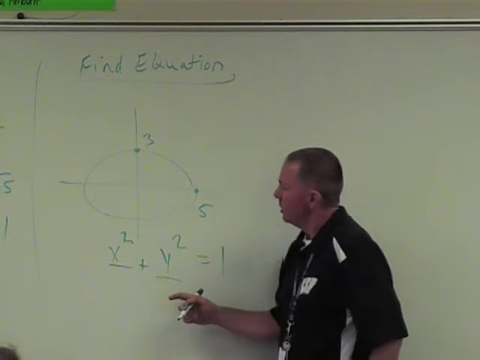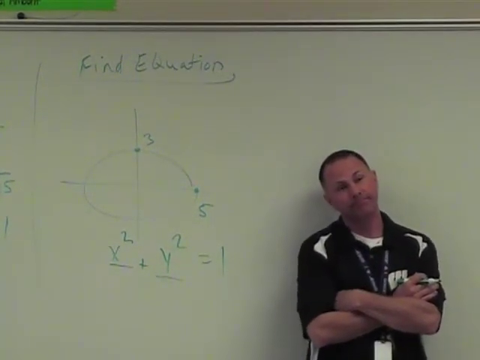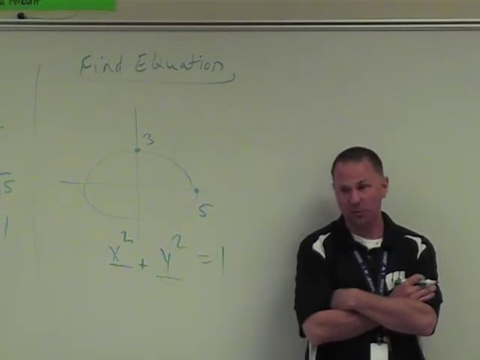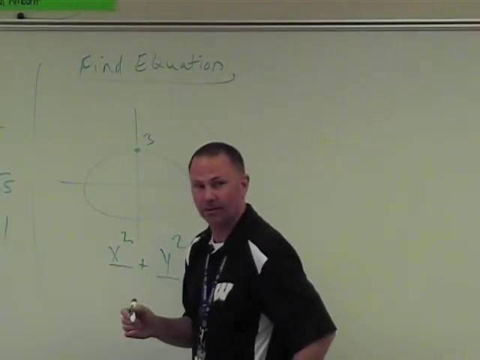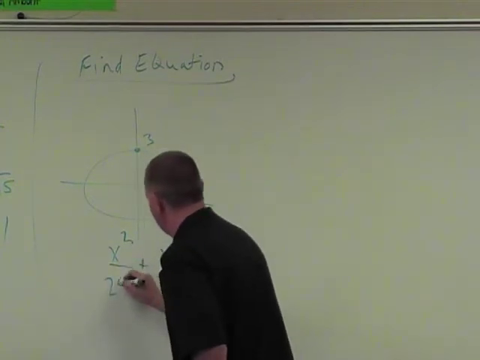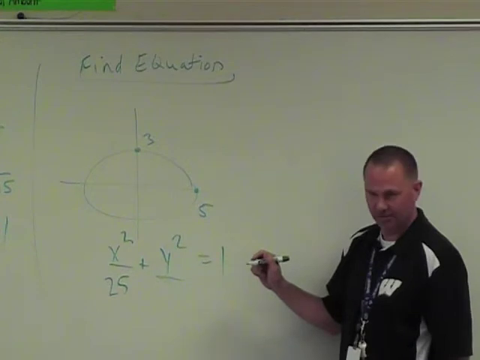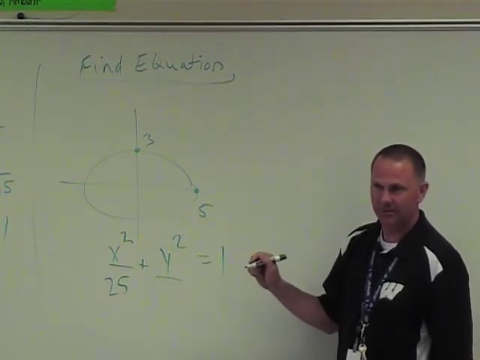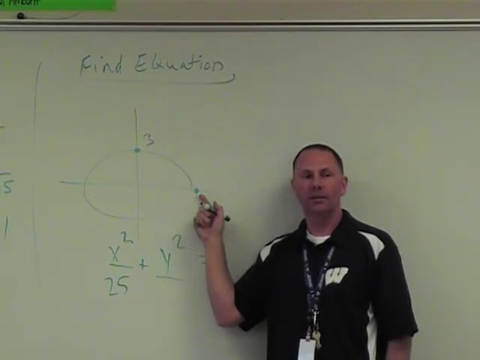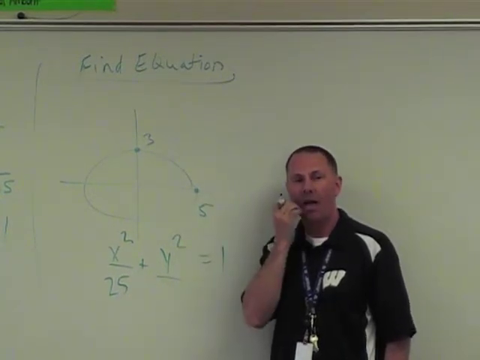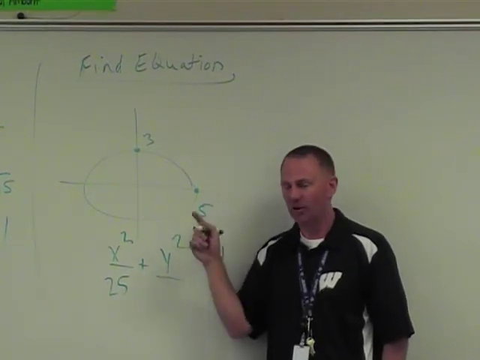All right. So what do you know and where does it go? X squared is over 25. Why? Because the vertices, these are the major vertices, are on the x-axis.